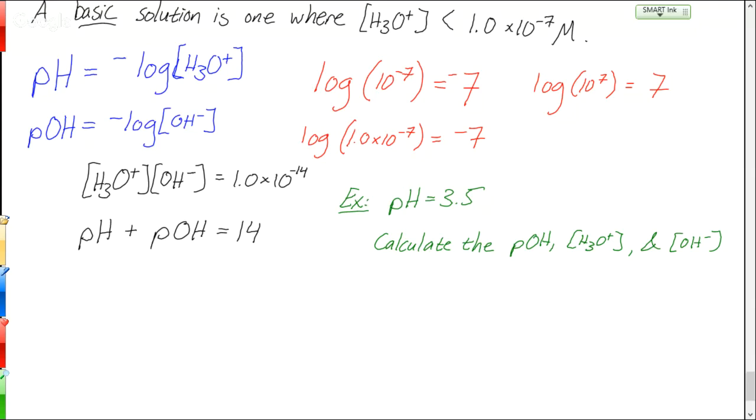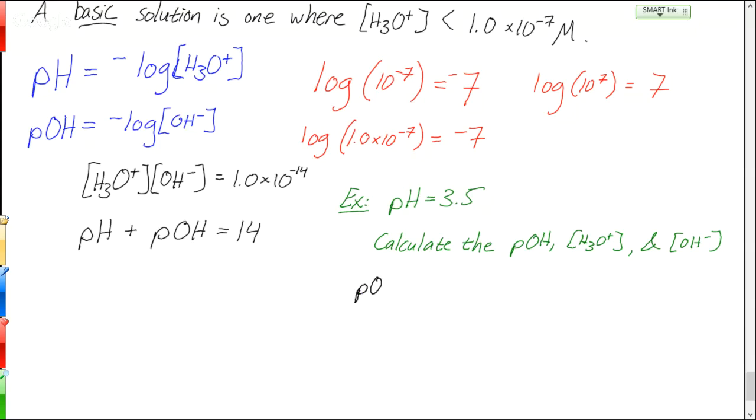For me, the one that I always remember is just that the pH and the pOH is 14. So rather than mess with multiplying these tiny scientific notation numbers, let's just add and subtract, because that's easy. If the pH is 3.5, what does the pOH have to be? 10.5, right.